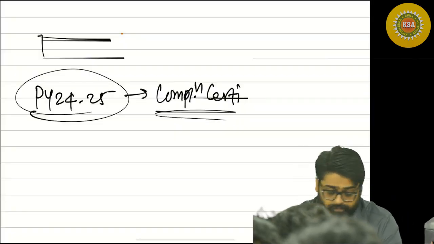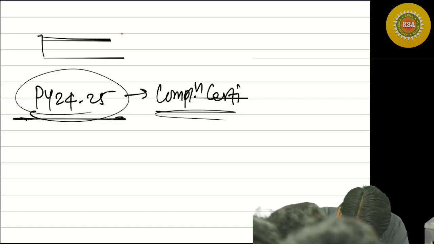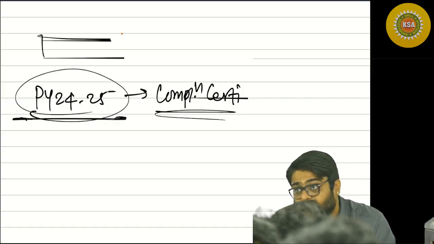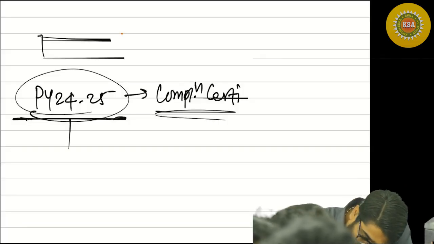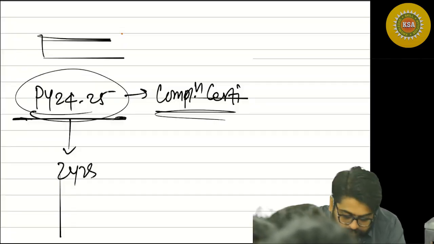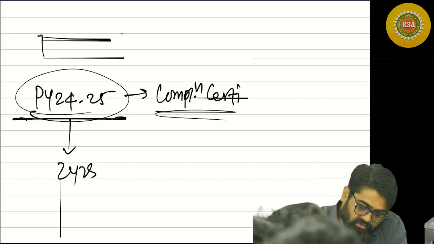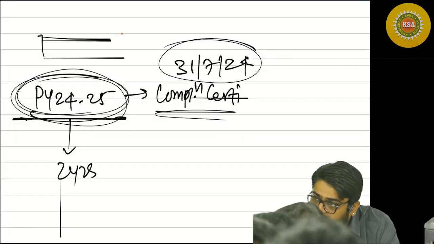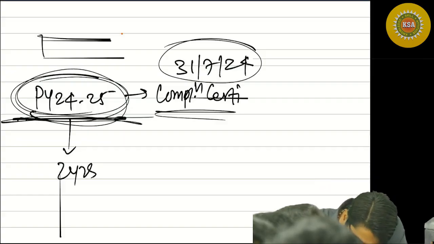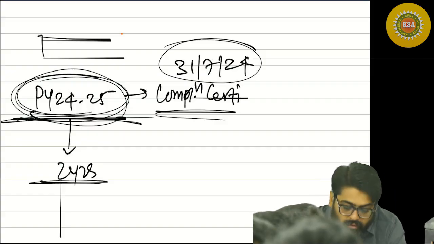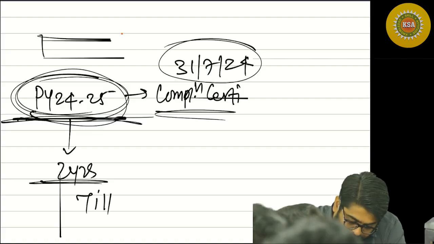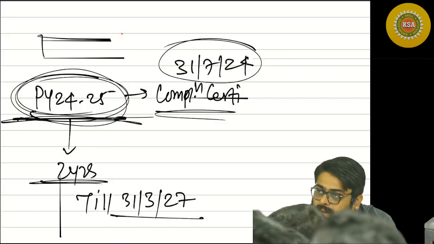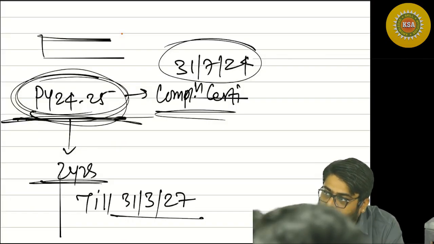So they are saying that from the end of the financial year in which the completion certificate was issued, how many more years? 2 years. So the completion certificate was issued in previous year 24-25. From the end of this financial year for 2 years, can I say till 31st March 2027, the annual value of this property will be exempt.